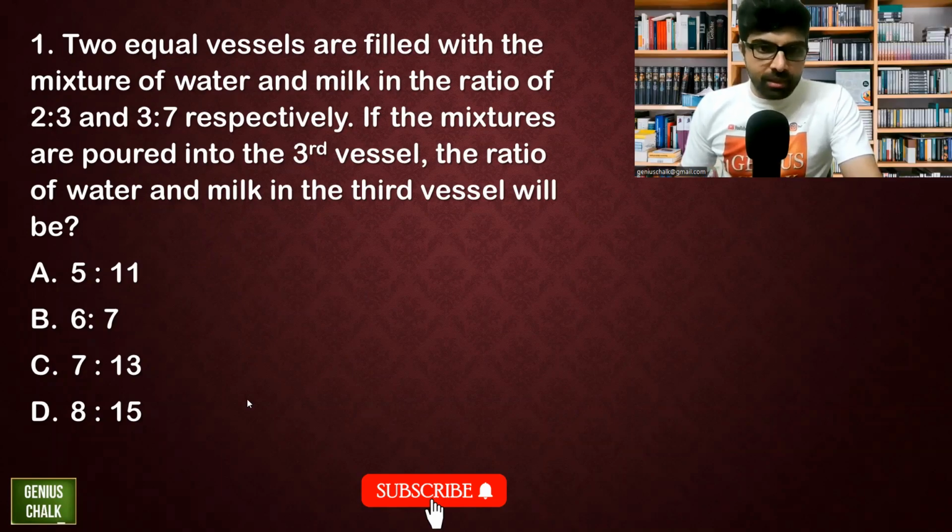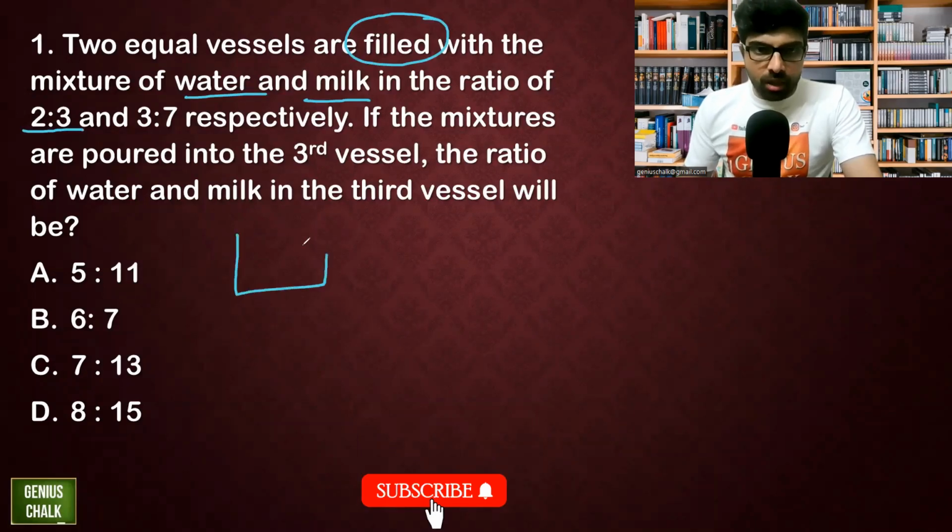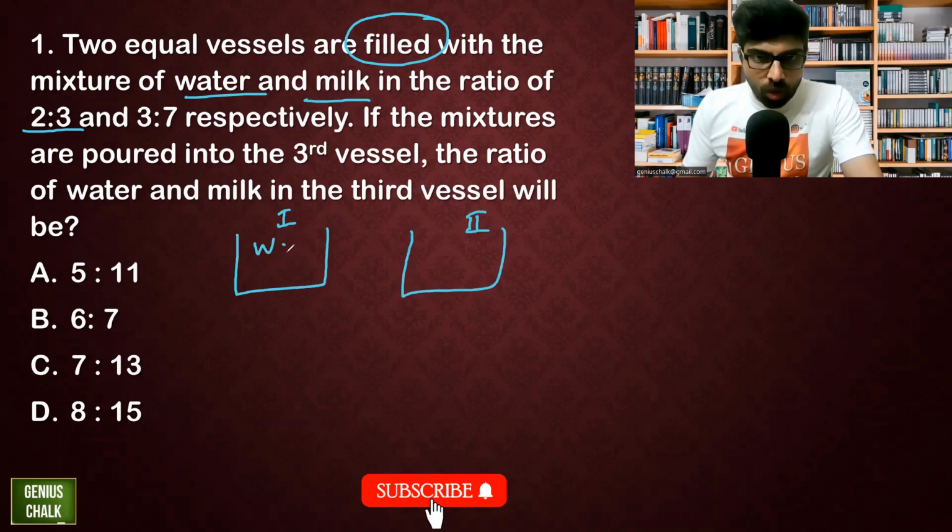So there are two vessels filled with a mixture of water and milk in this ratio. Vessel number 1 has water and milk in the ratio 2:3, and vessel number 2 has 3:7. This is water, this is milk.